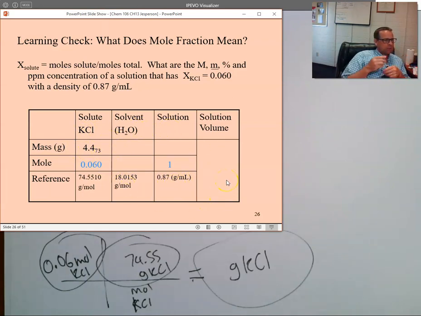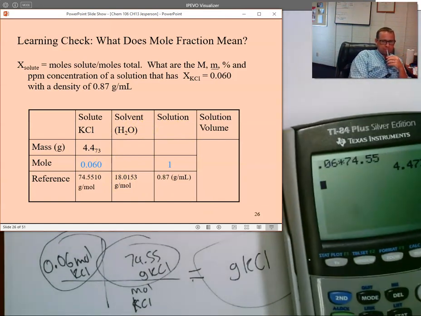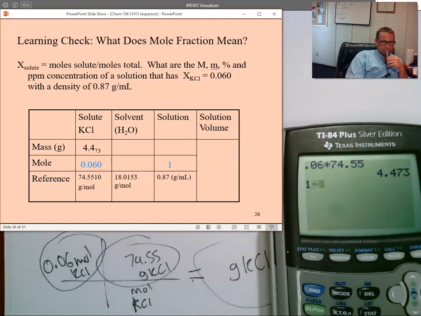Landon, then, what can we fill in next? Which box can we fill in next? We could figure out the moles of the solvent H2O by subtracting 1 and 0.06. All right. So 0.94 is our mole fraction of what? Of the water, correct? Yeah, the H2O.